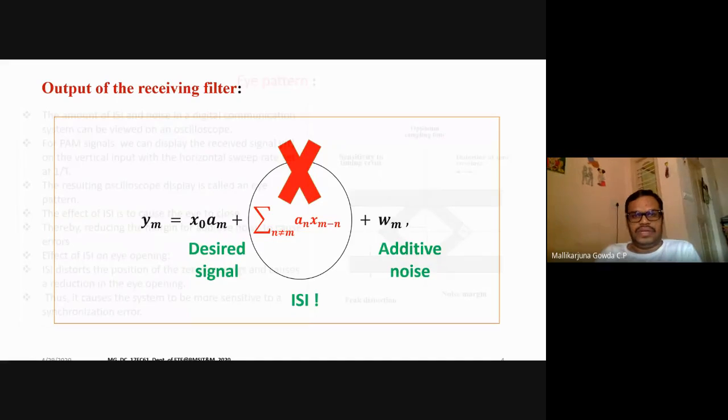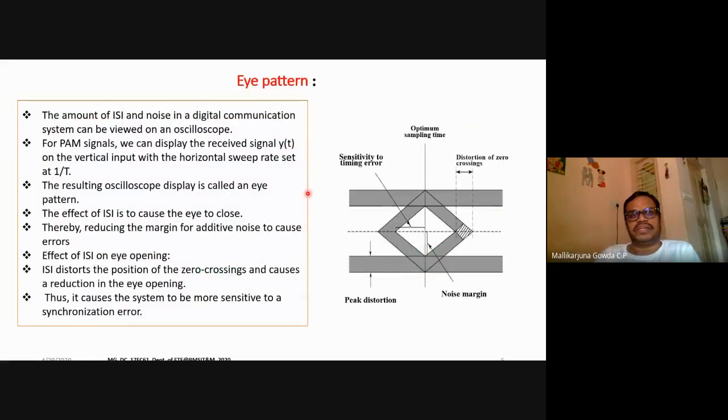And I discussed this eye pattern. It indicates the amount of noise as well as the inter-symbol interference, which can be viewed on the oscilloscope.